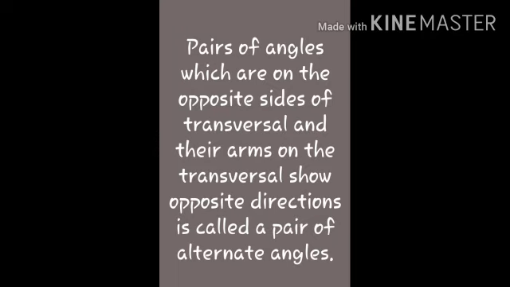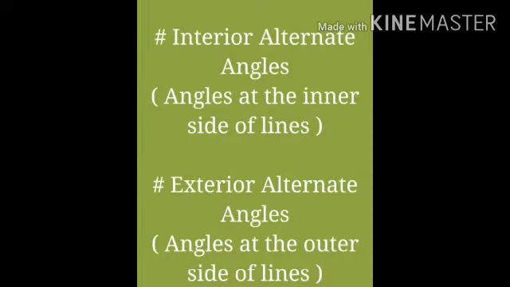There are two pairs of alternate angles: interior alternate angles and exterior alternate angles. Interior alternate angles are angles at the inner side of lines, and exterior alternate angles are angles at the outer side of lines. Interior and exterior both we are going to study with the help of a diagram.